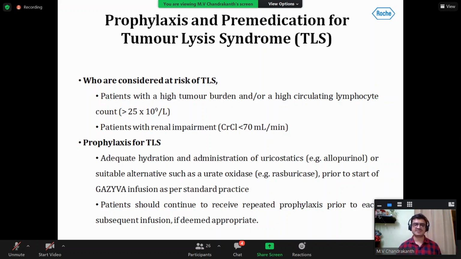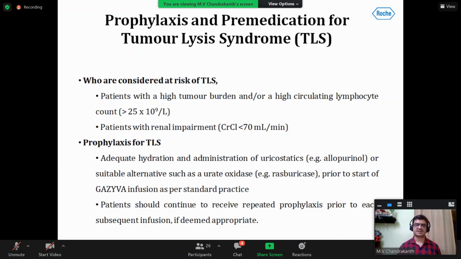So for this purpose, we must have proper hydration. Continuous hydration is very important. And uricostatics like febuxostat or allopurinol, or even rasburicase, matter in these patients.